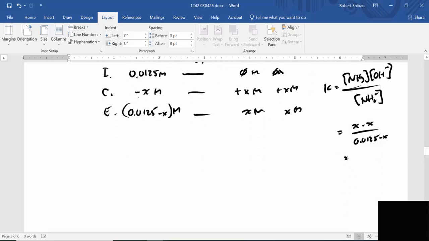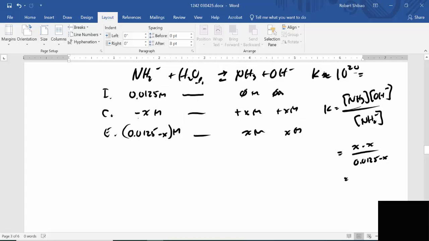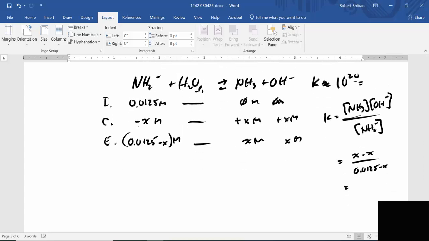And so this is just quadratic. And so I'm going to get this into quadratic form here. I'm going to do 0.0125 times 10 to the 20th, minus 10 to the 20th x is equal to x squared. And so then I'm just going to get this into complete quadratic form.